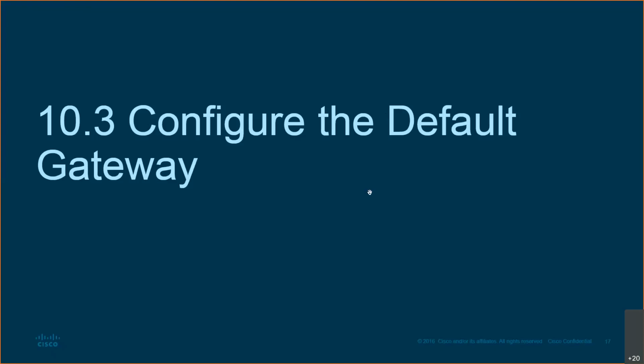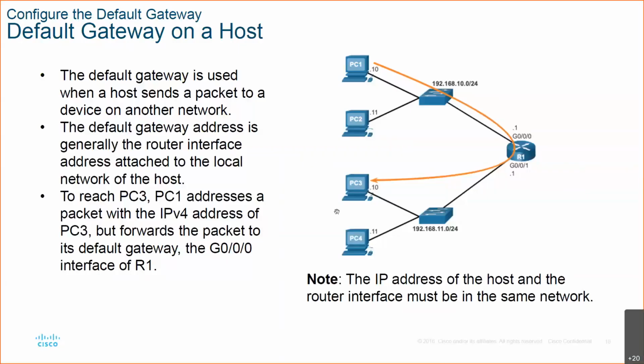Now, what is a gateway? Like I said, the gateway is the device, which is your router, the port that allows you to exit or enter the network. Okay, so the default gateway in this network, you see I've got a network here, 192.168.10.0. So the gateway will be here.